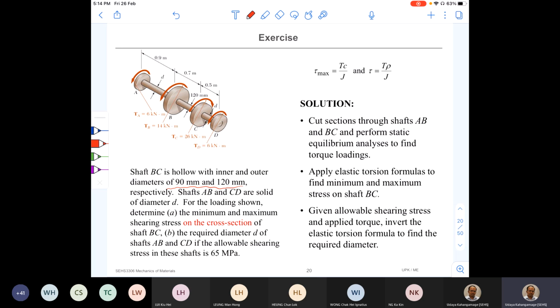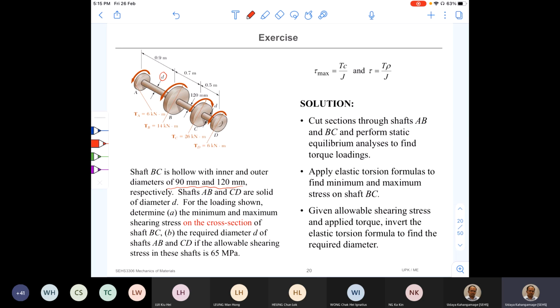If you take a cross section between B and C, it's a hollow shaft. Shafts AB and CD are solid of diameter d. The diameter d here is not given. For the loading shown, determine (a) the minimum and maximum shearing stress on the cross section of shaft BC.